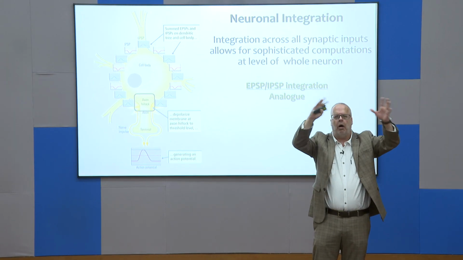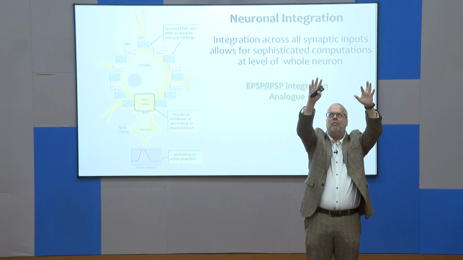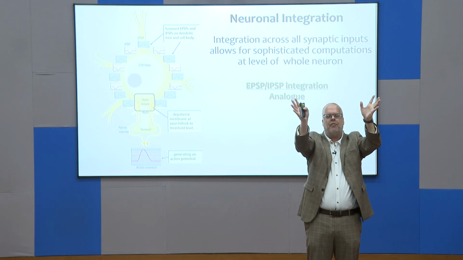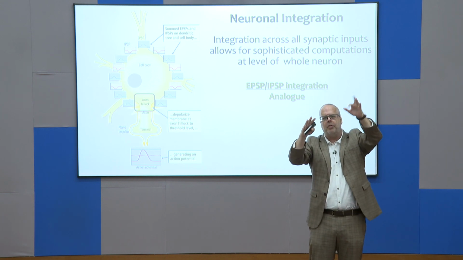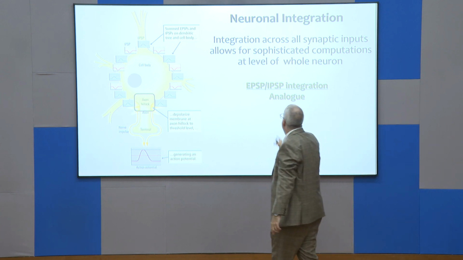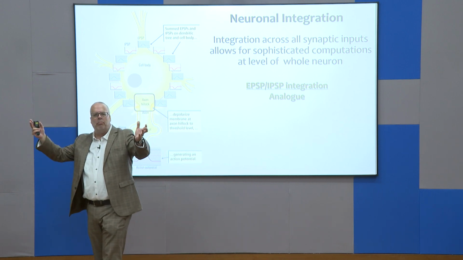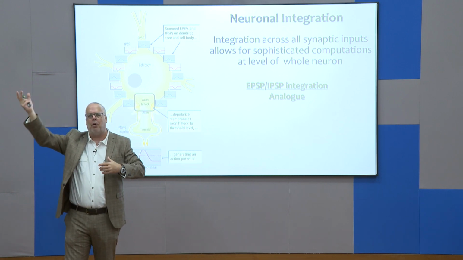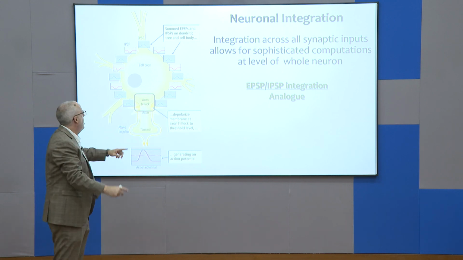And this is occurring almost every waking moment. So you can think of all this information filtering down from the dendrites into the cell body. Some positive here, some negative there, and it's all percolating downward. We call this an analog signal because it's a spectrum. You have a little bit of positive, a lot of positive, a little bit of negative, a lot of negative. But again, it's all moving downward.